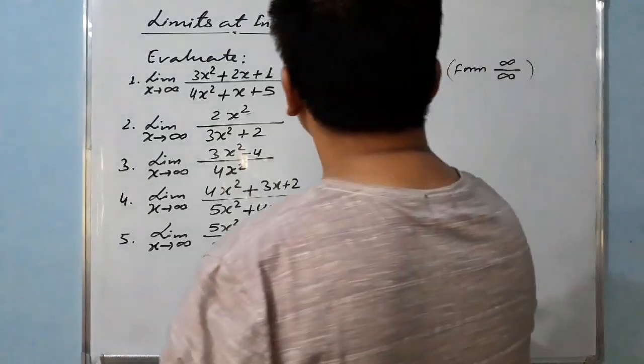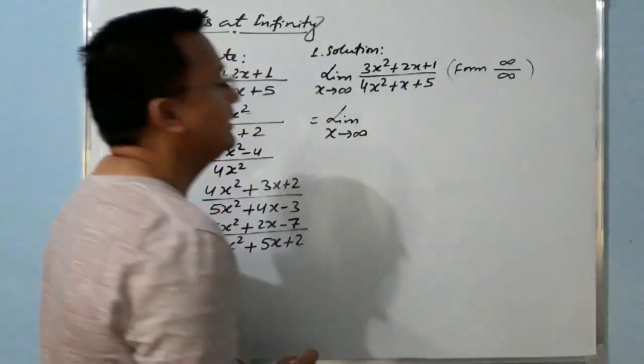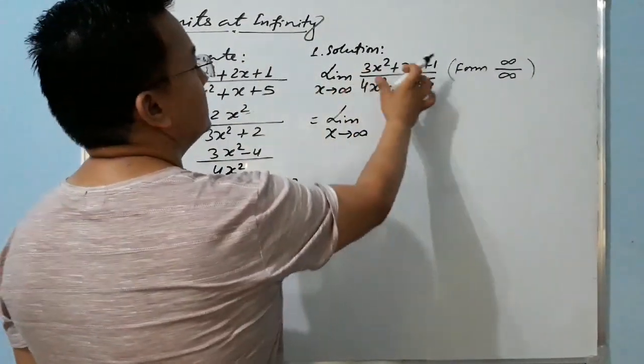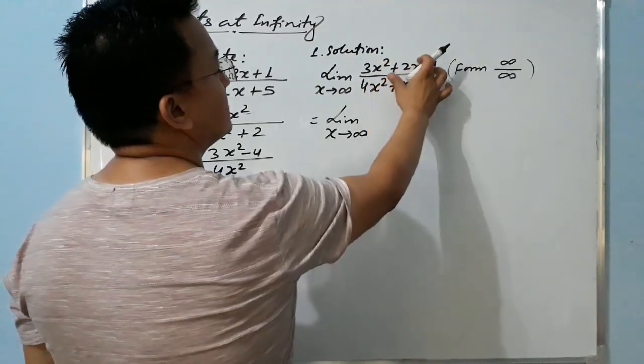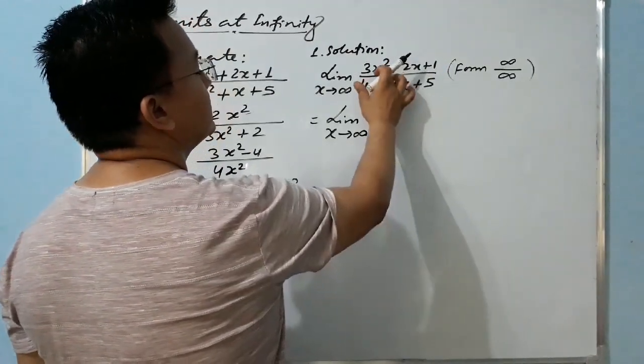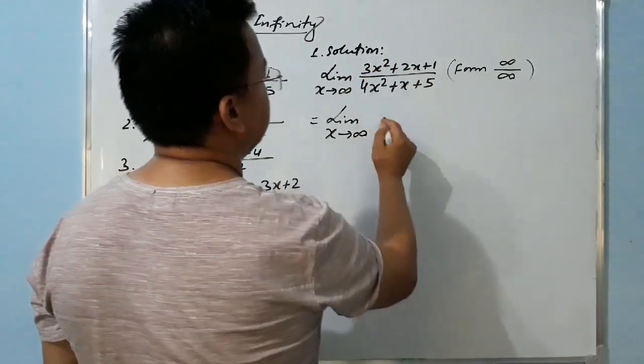So limit as x tends to infinity. Here x has power 1, and x² has power 2, so the variable having the highest power is x².